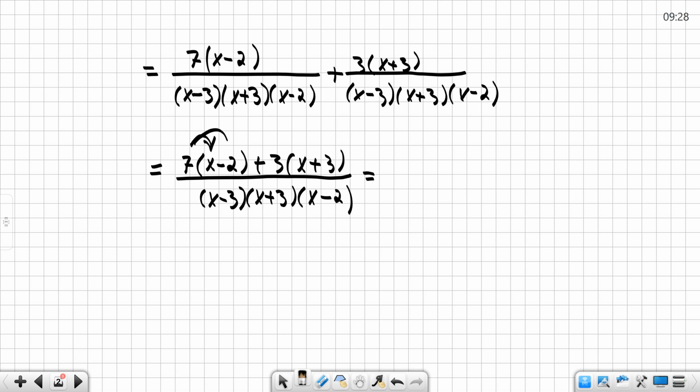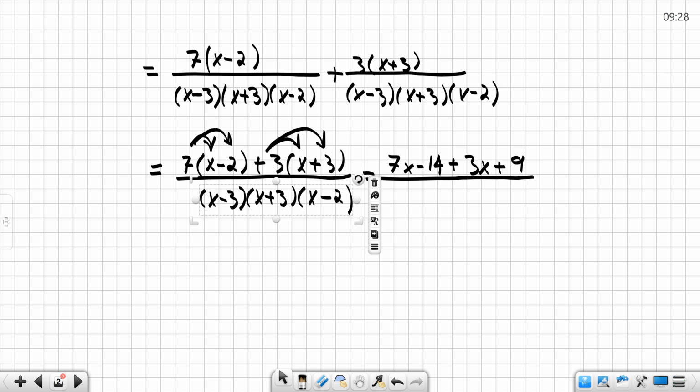I am distributing the positive 7 here and the positive 3 over there. I multiply it out. I'm getting 7x minus 14 plus 3x plus 9 divided by, yes, all of this.